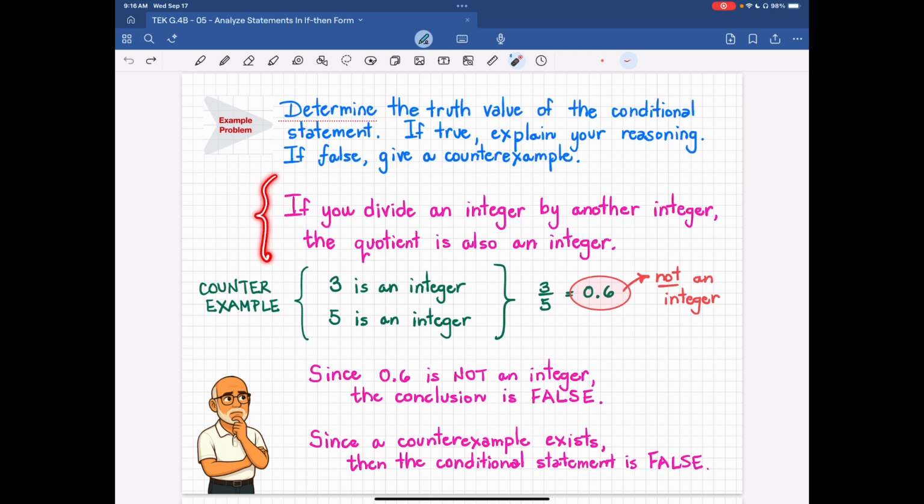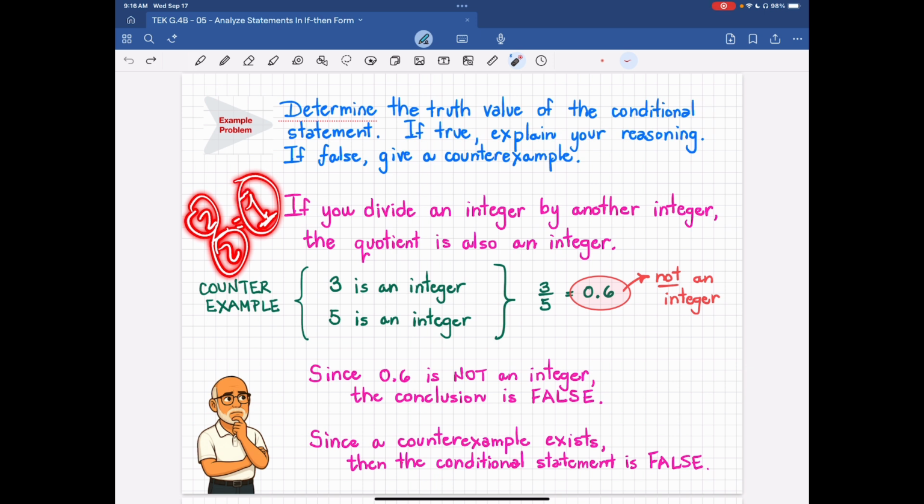So if I go through some different examples, so if I divide, let's say, 2 by 1, they're both integers. 2 divided by 1 is 2. So all three of these are integers. If I take 2 and divide it by 2, I get a 1. So all of these turn out to be integers.